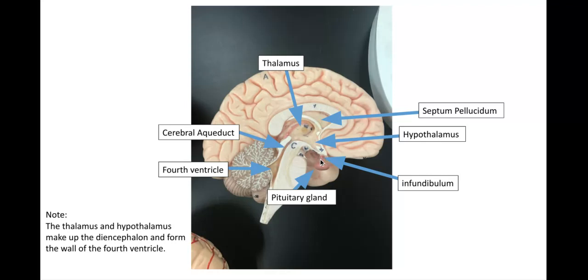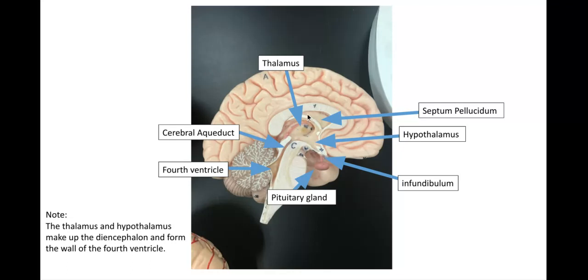Then you have that infundibulum, which is connecting to the pituitary gland, which is a little bean or pea-shaped structure that is going to be involved in hormone production, really in connection with the thalamus and hypothalamus.